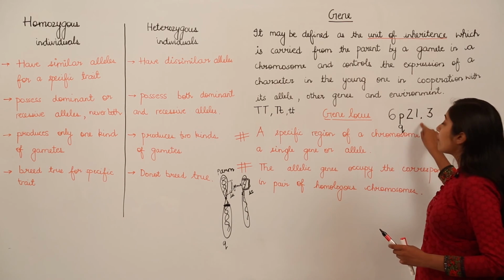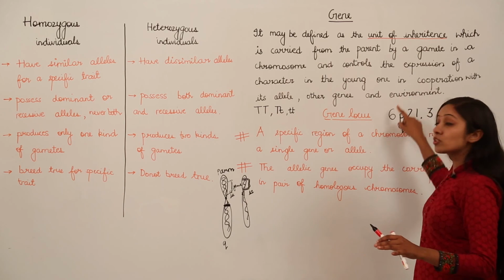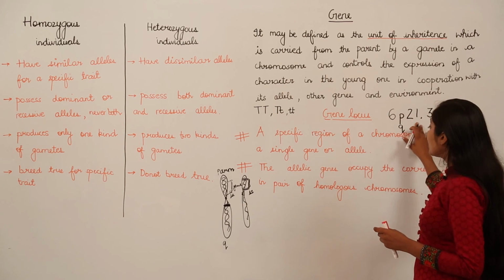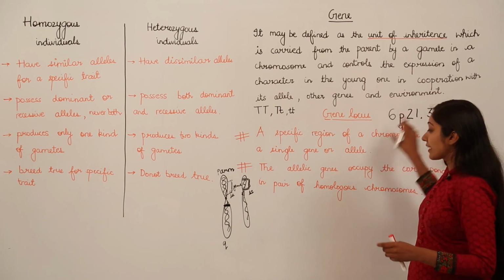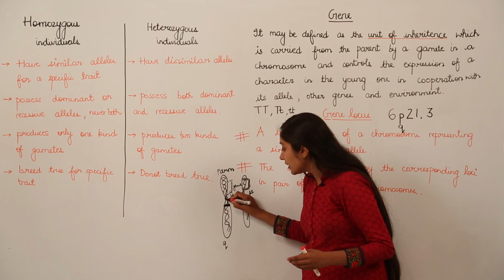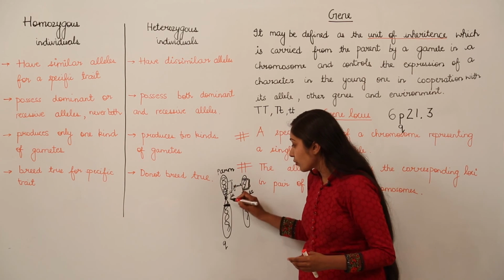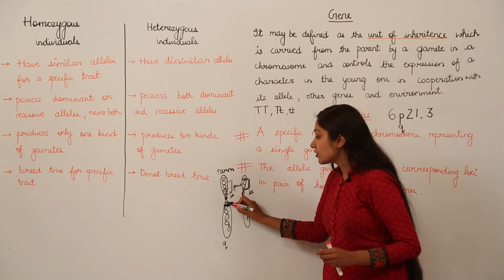And then 2, 1, don't read it as 21, this is 2, 1. This 2 encodes that, on the P arm, we are talking about the second region. So, how do we count this? From the centromere. We start counting from the centromere, from the nearest region to the centromere.